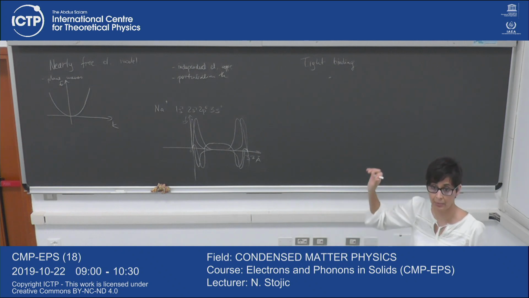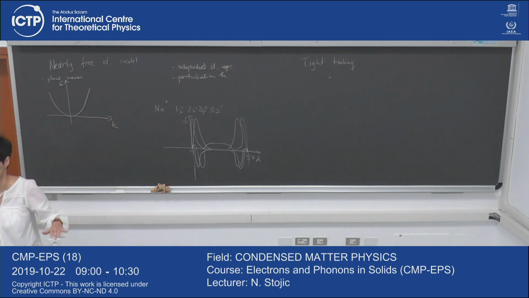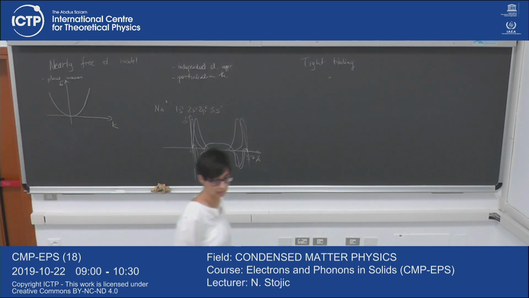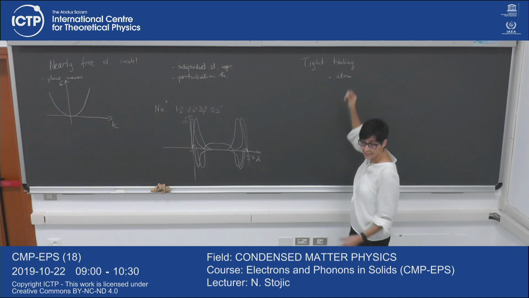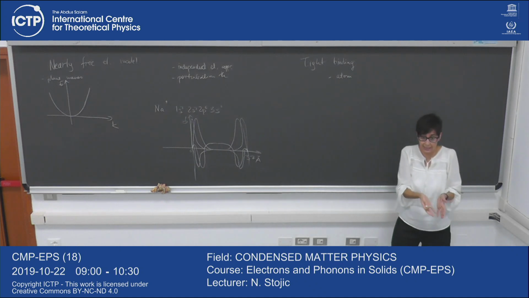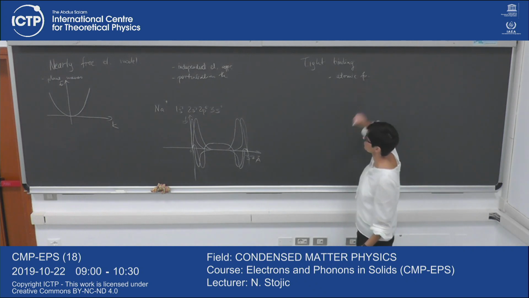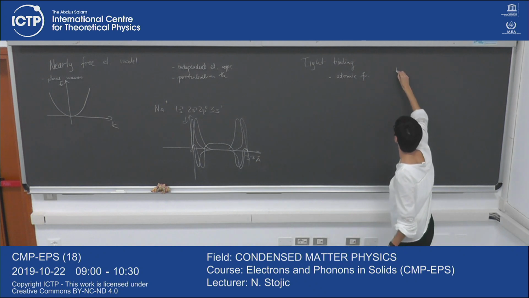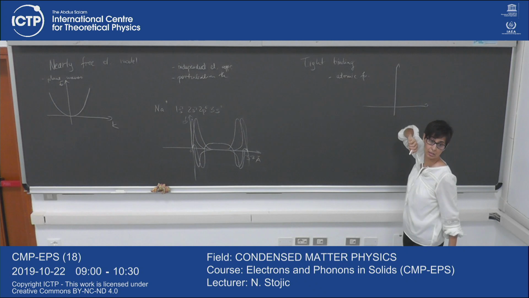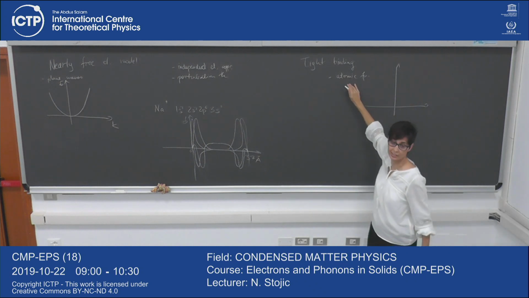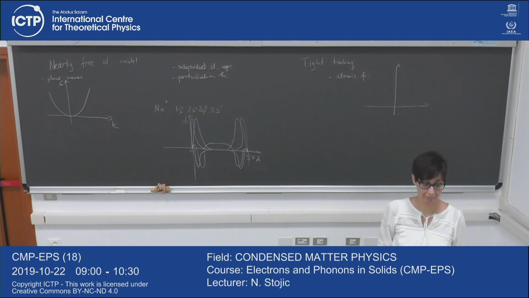One limit is plane waves, which extend all over. Here, atomic functions, which are localized at an atom, at one site. And their dispersion is what? Atomic wave functions is the basis.